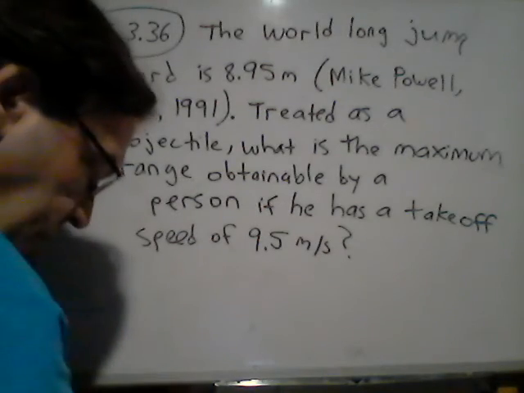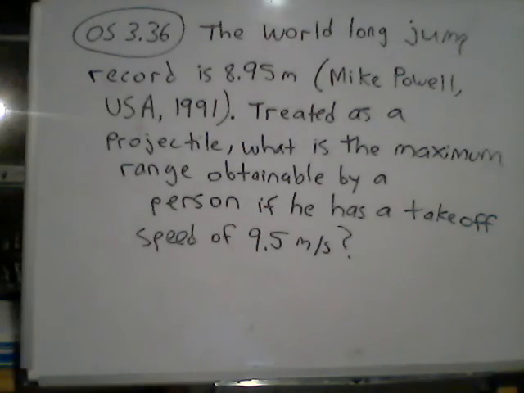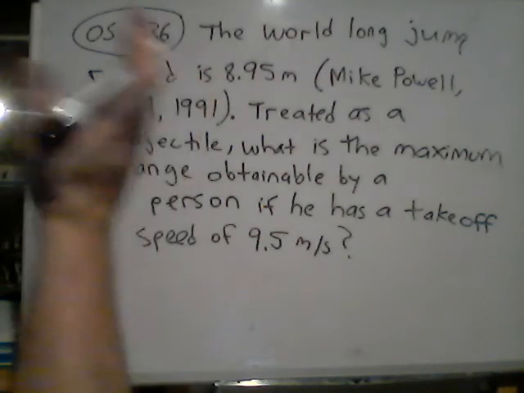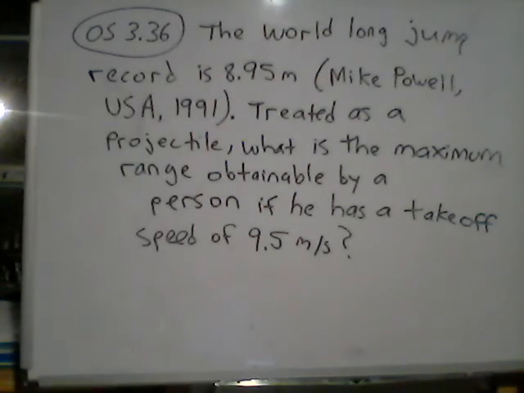Okay, so we basically know the muzzle velocity, if you will, or the launch velocity of this person. All right, so this person can essentially project himself as a projectile at a maximum velocity of 9.5 meters per second.